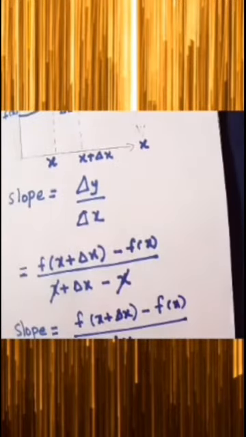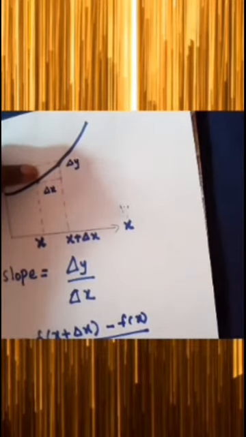If the point is getting lower and lower, if this point is going to shrink, finally this delta x will be tending to 0.